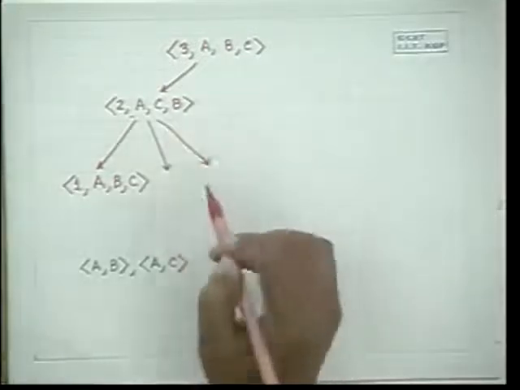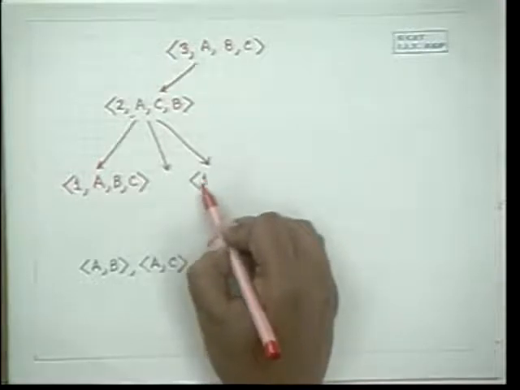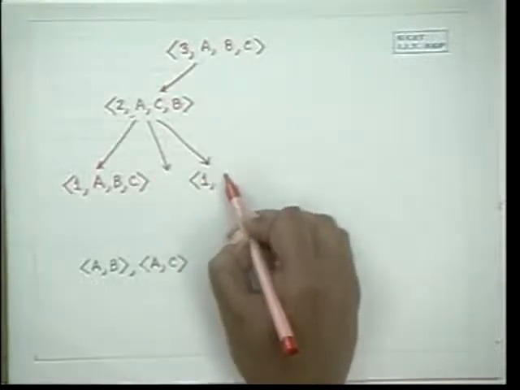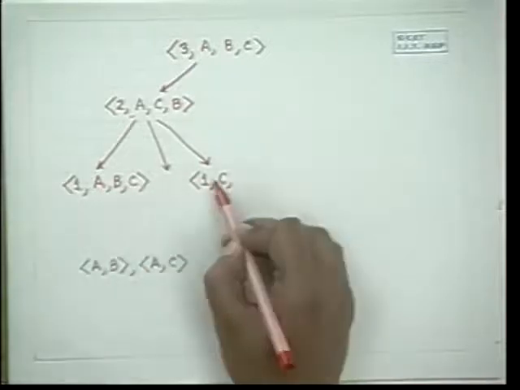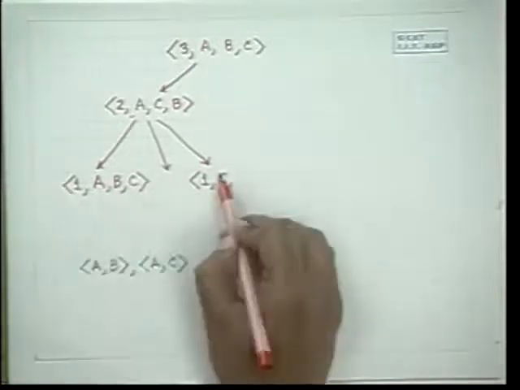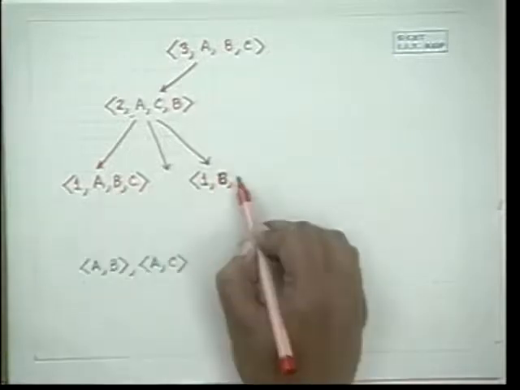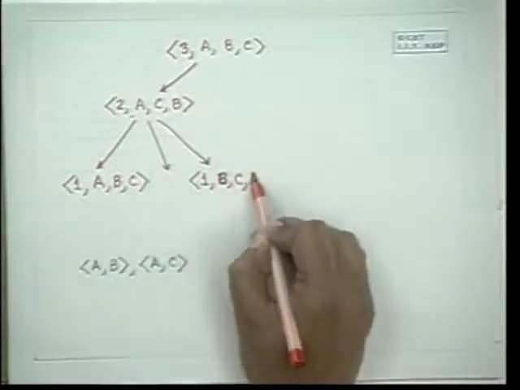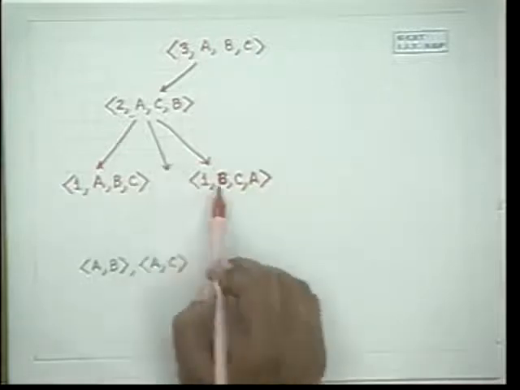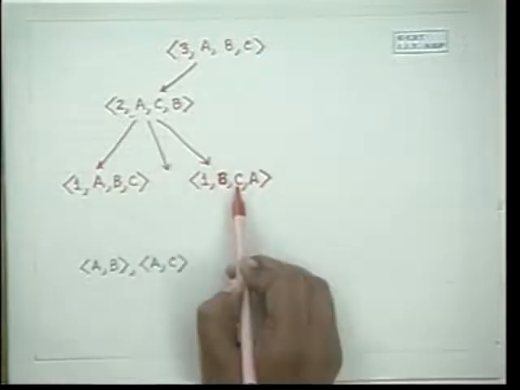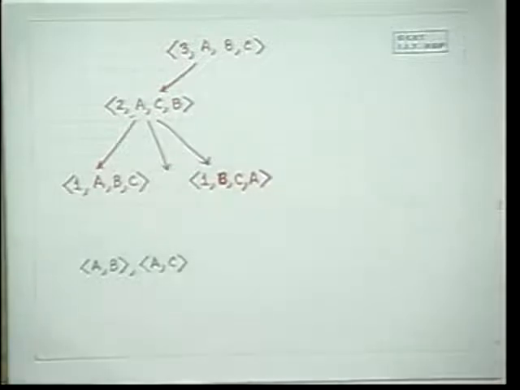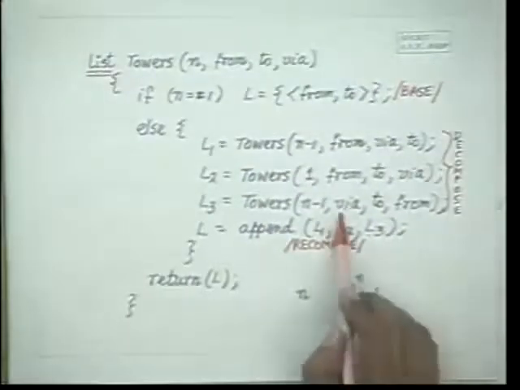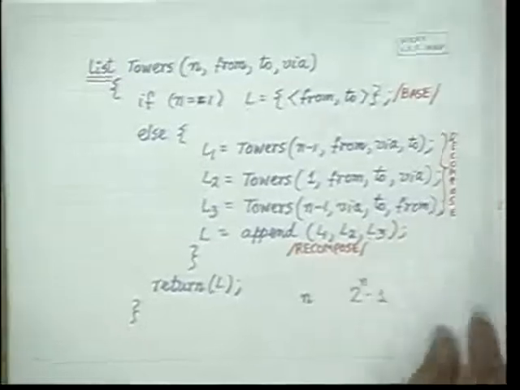Thirdly, we are going to call 1, C, B to C using A. This is what is going to happen: via to from. The second recursion is via to from.